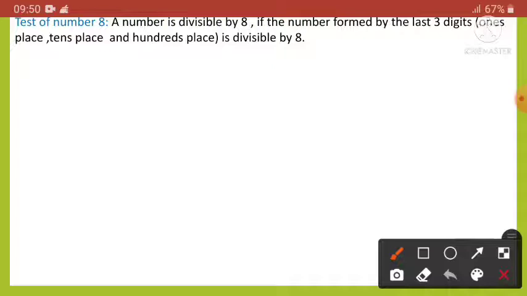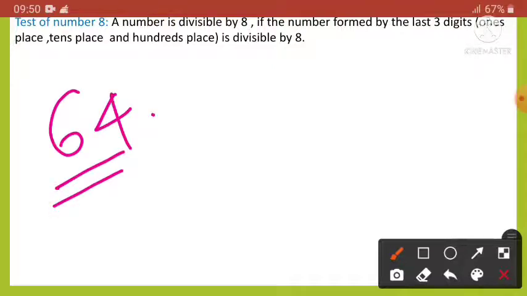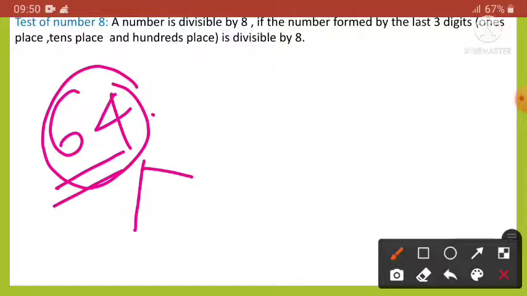Suppose I am taking a number 64. So it is a 2-digit number. For a 2-digit number, the rule is we have to divide 64 by 2 and 4.